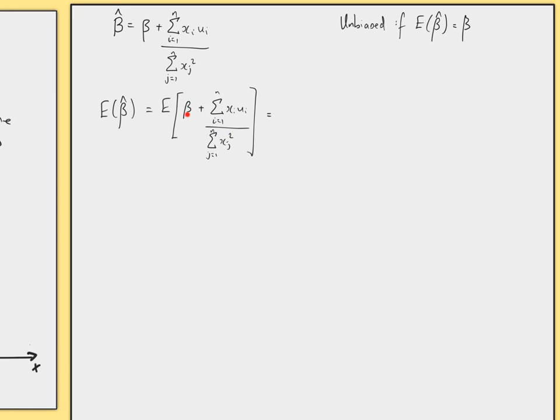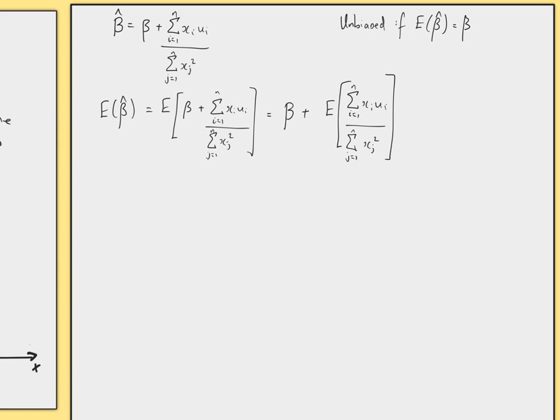But beta is just a constant, and the expectation of a constant is just that constant, so this is equal to beta plus the expectation of the sum of xu over the sum of the x squared.